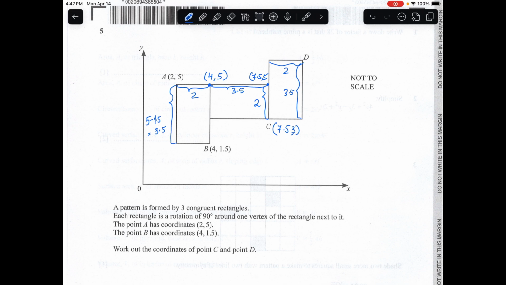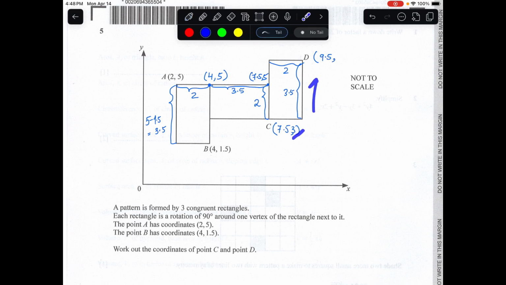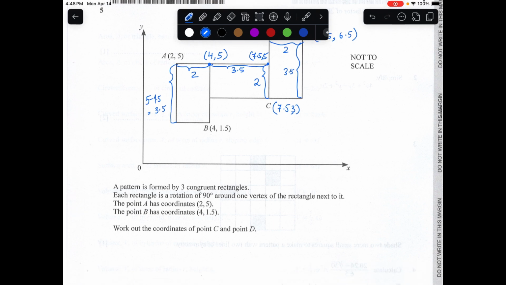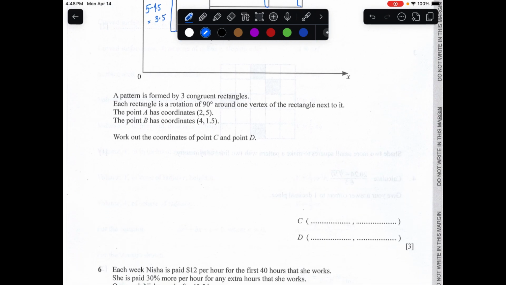If the x coordinate is 7.5, then the x coordinate for D is going to be 7.5 plus 2, which is 9.5, and the y coordinate, we are moving up, so 3 plus 3.5 is going to be 6.5. So now we know the coordinates of C and D. They are (7.5, 3) and (9.5, 6.5).